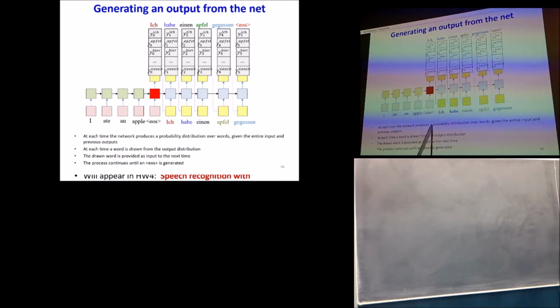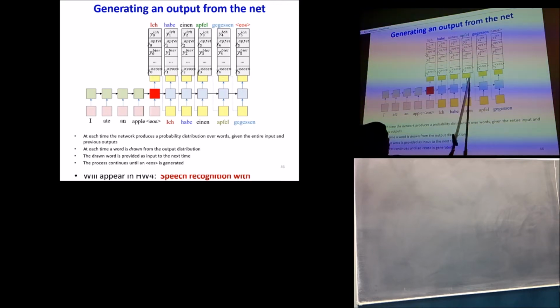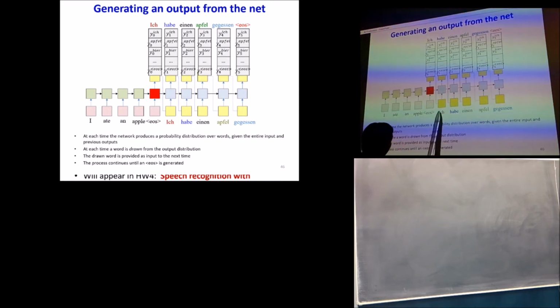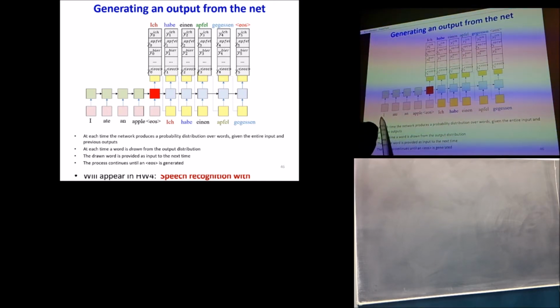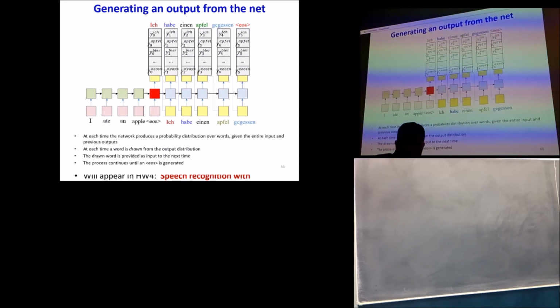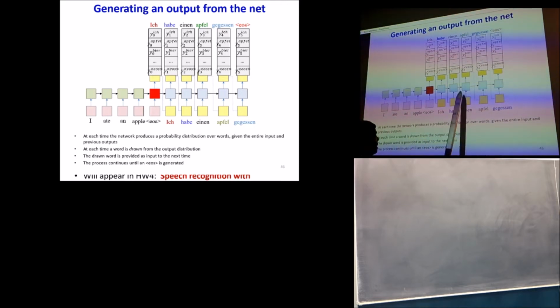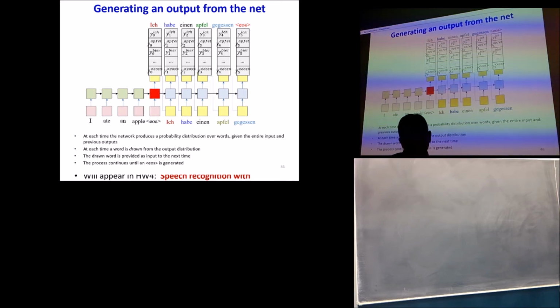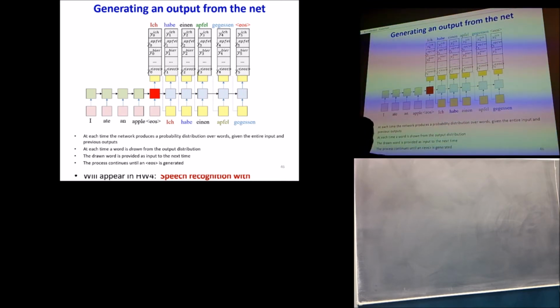At each time, the network produces a probability distribution over words, but the probability distribution that it's producing is the probability of the fourth word given the entire input and the first three words. So everything that's going into the network is what the output probability distribution is being conditioned on, and the vocabulary is the random variable over which the probability distribution is actually being computed. And it is that probability distribution that you're actually going to be drawing words from.